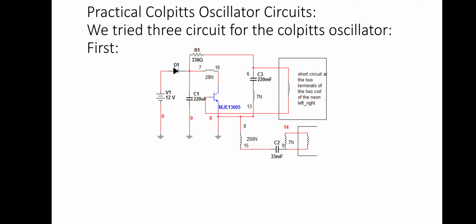And the tank circuit is the frequency determining network. It is a parallel resonance circuit which consists of variable capacitors, that is C1, C2, along with an inductor L. The junction of C1 and C2 is earthed.